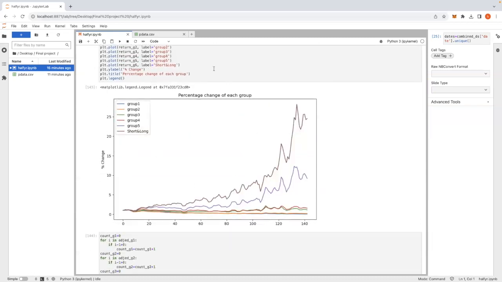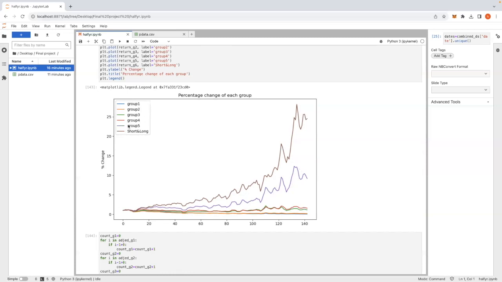Here's the percentage change of each group from the very beginning to the latest. The X axis means months, and the Y axis means the percent change. We can see group 1 performed very normally, and group 5 performed pretty well. You can see this line: group 5 has the highest return.